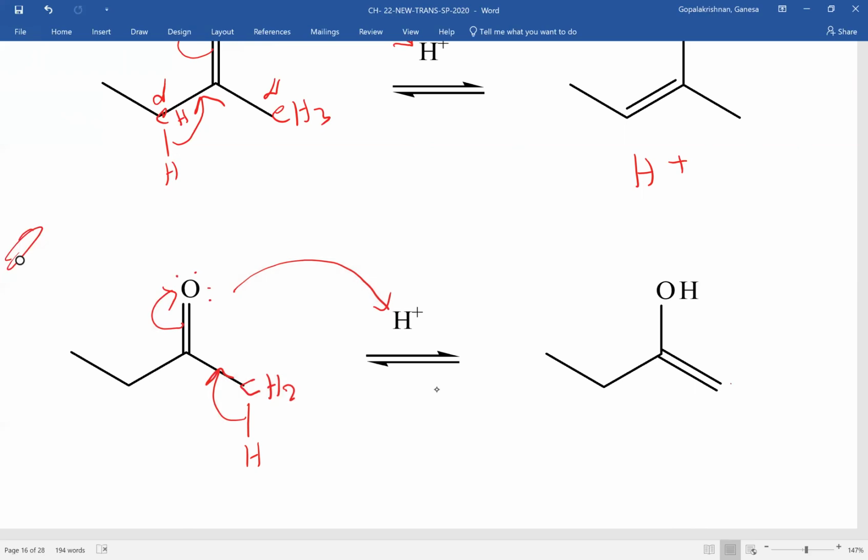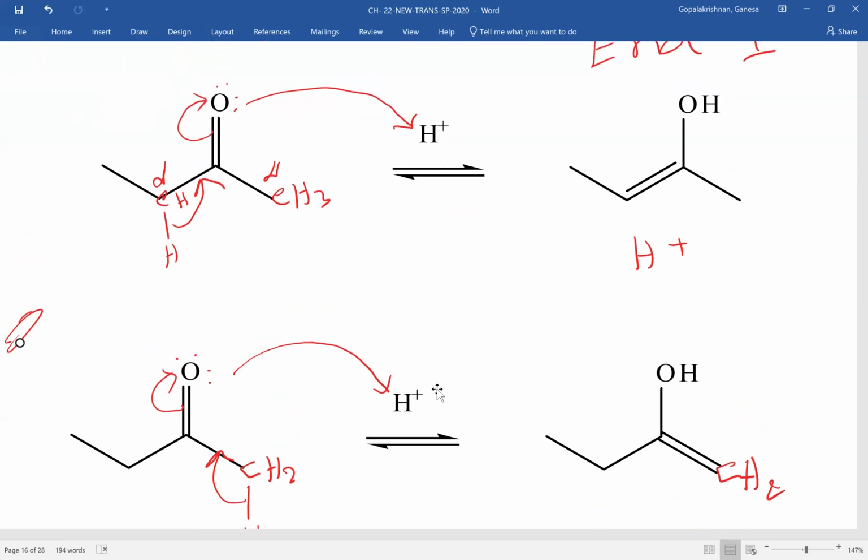So you get this enol. Let me call it enol 2. Since it has two alpha carbons and they have hydrogens, there is a possibility for the formation of two enols.